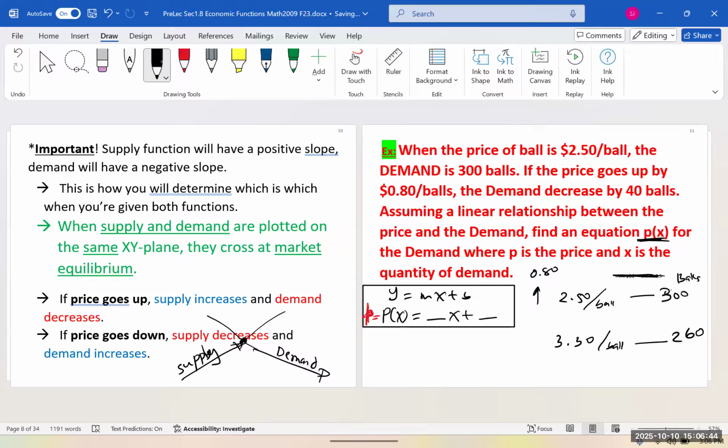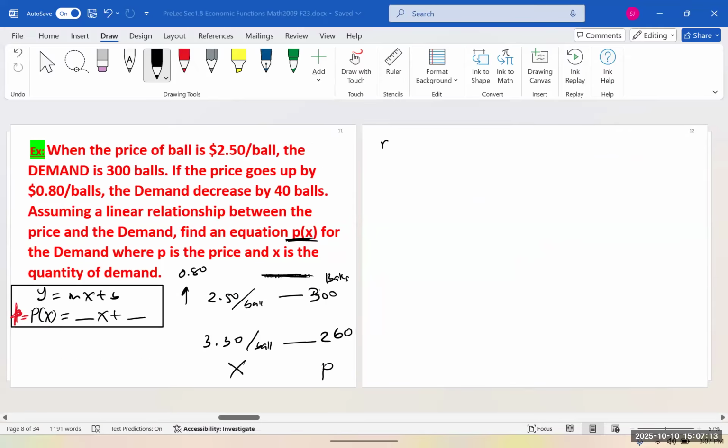In reality, we didn't have to do that because at the end we got the same thing. These two will give us the slope. But if you don't understand, no problem. Get the price for the ball and your demand, and then find the slope using the formula. Here x is the quantity, and this is our P. Slope is y2 minus y1 over x2 minus x1.